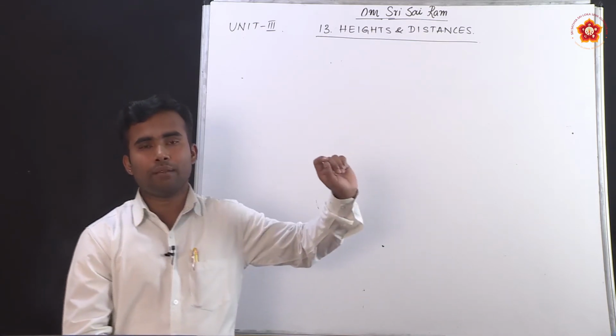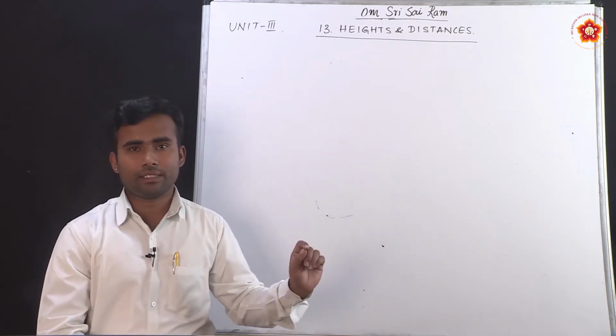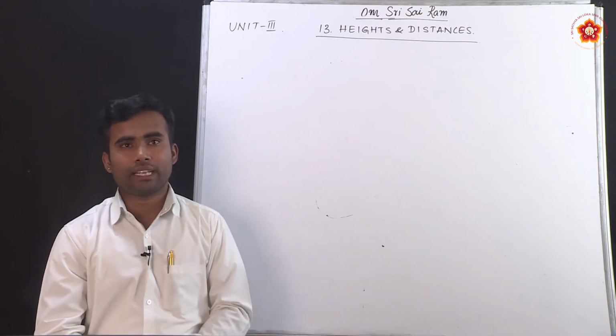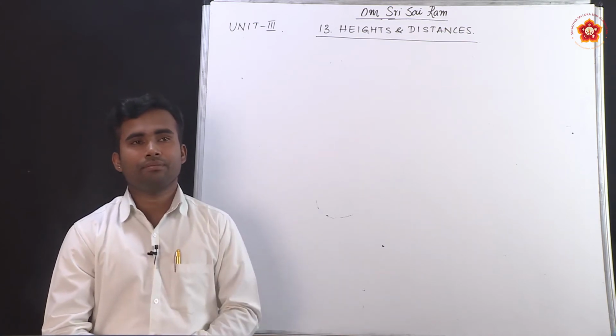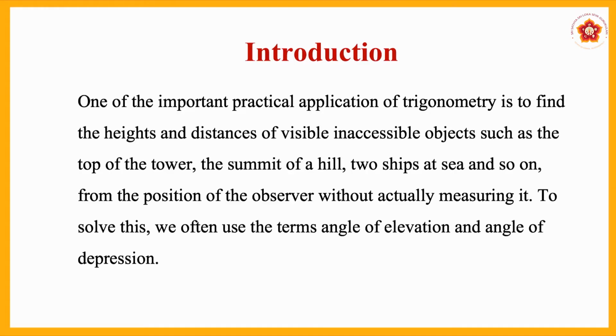See, for example, to find the heights and distances of visible inaccessible objects like the height of a tower, or two ships at sea, and a kite in the air.